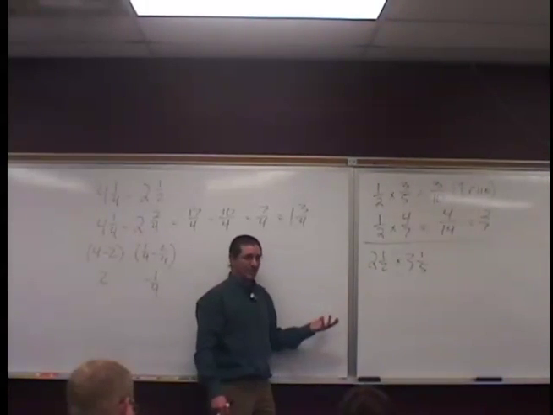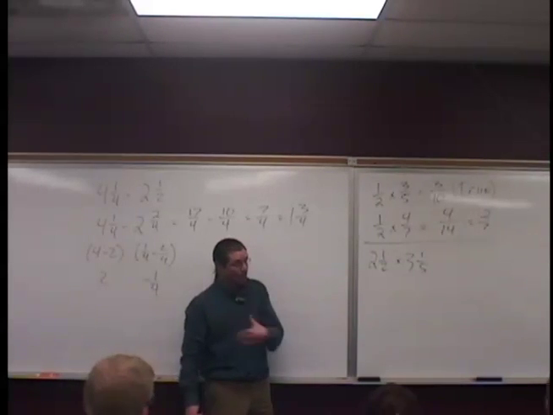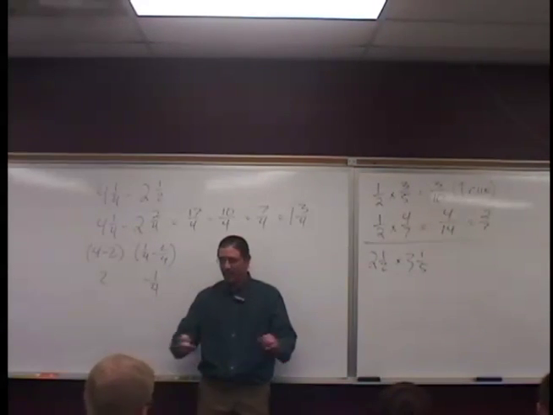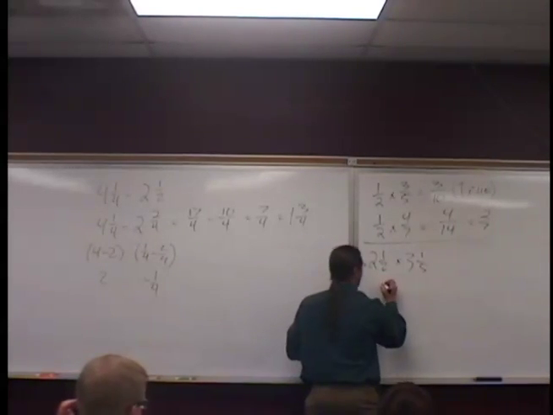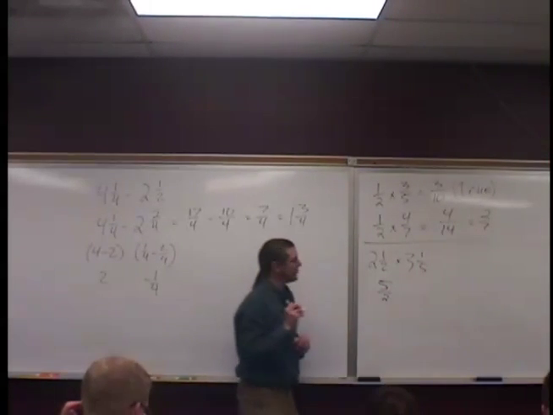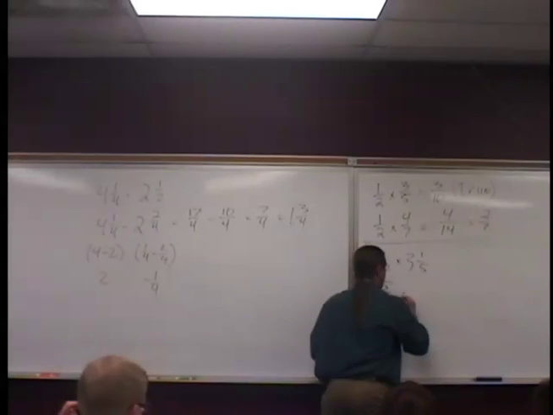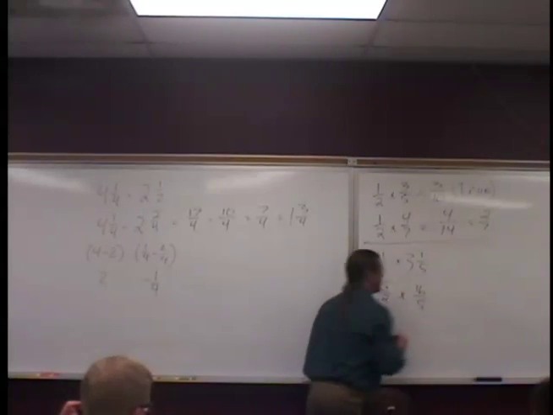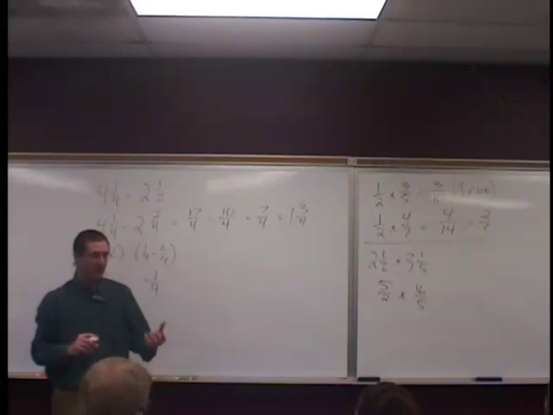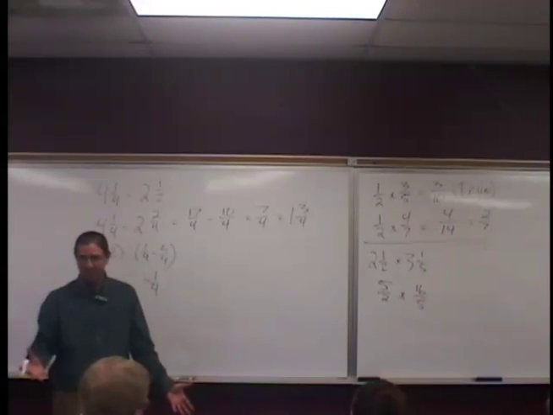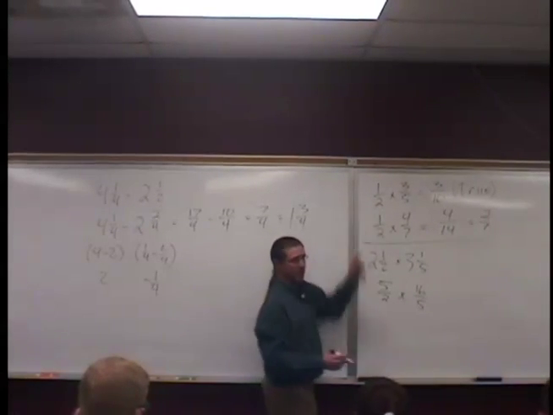You have to convert these things into fractions, multiply across, and then apply all of the rules that you need. So you have to take this and say, this is 5/2, and multiply this by 16/5. You must convert your mixed fractions to improper. Okay? And now you can just apply the rules that you did up here.